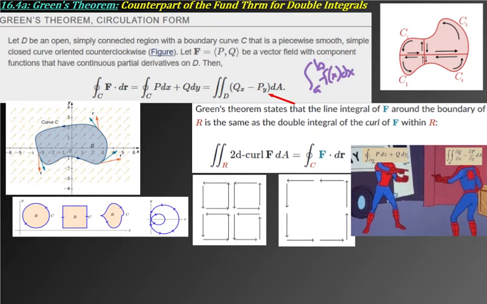So you're basically just concerned with the boundary of that region a to b, and then you do subtraction. This is basically the same thing, but for double integrals.